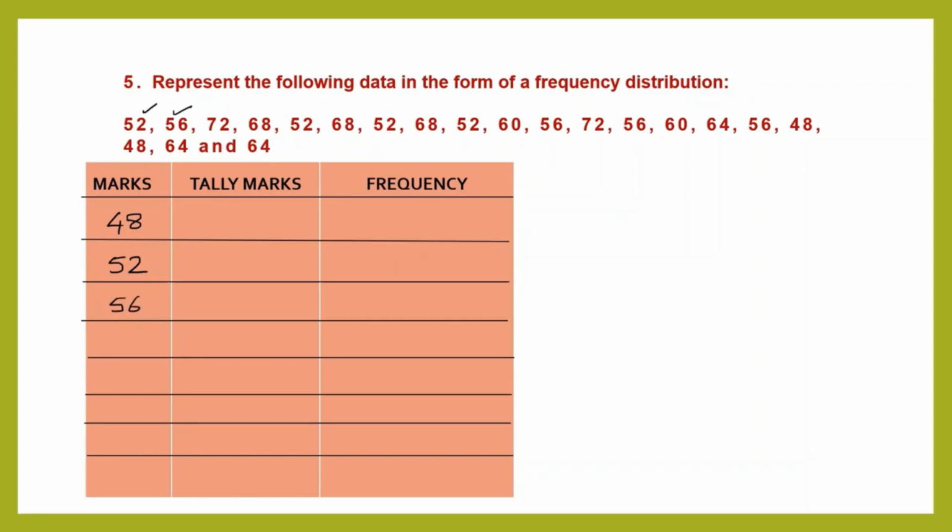Then what is higher than 56? We don't have 58. We have 60. So let's write 60. Then what do we have higher than 60? We have 68, but anything else before that? We have 64.